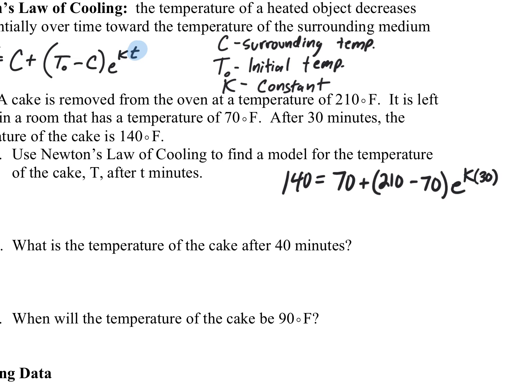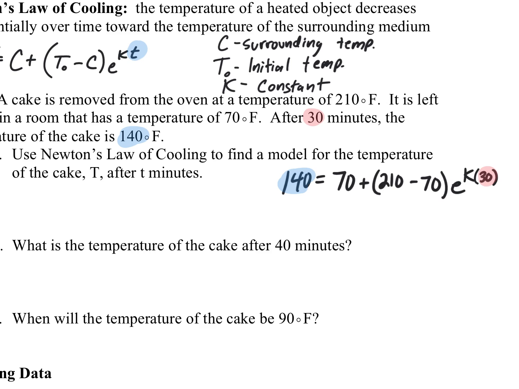Right, after 30 minutes, we have a temperature. We've plugged in values because they've said after 30 minutes, we have a temperature of 140 degrees. We're going to solve this equation for K.